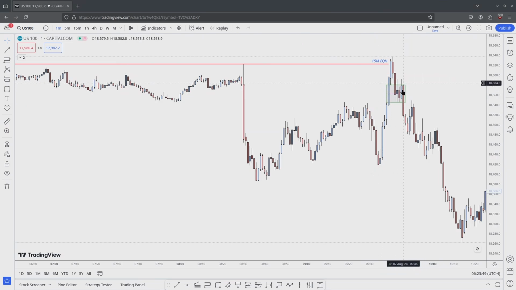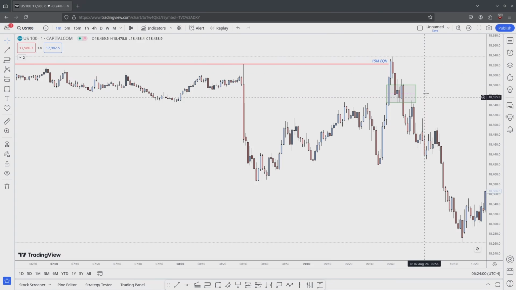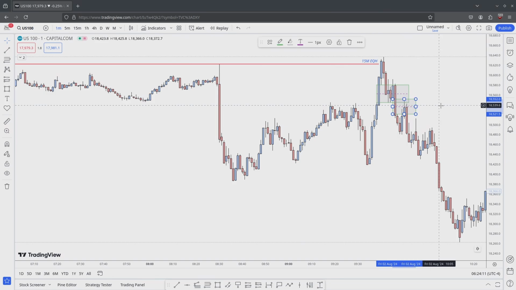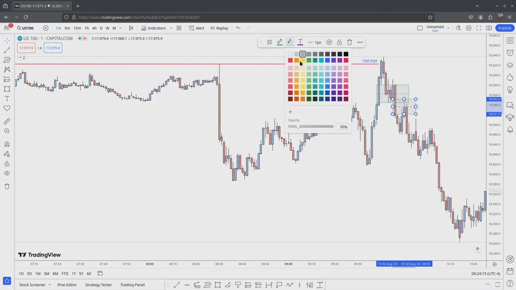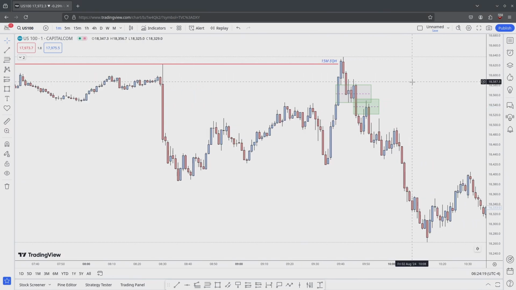So we have that inversion, and if price trades into that, then that is an extra confirmation or an extra confluence that we have sitting above us. I primarily want to focus on this fair value gap here, and we will change the color of this one to green so that it stands out.